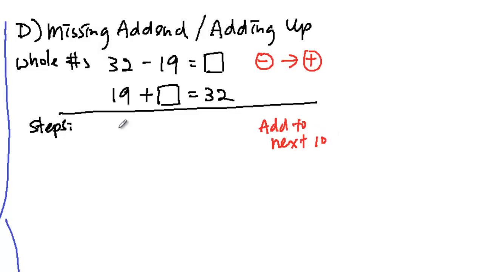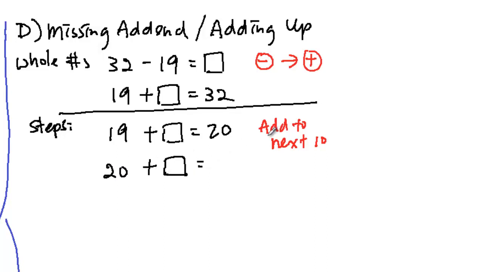So if I started with 19 plus something, the next 10 would be 20, and then picking up from 20, you're going to add some number to go to the final answer, which is 32. So the next step is add to final answer.